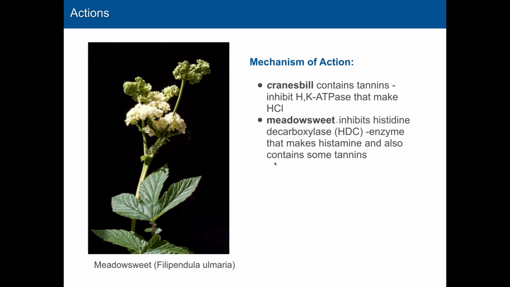Also, there's an enzyme called histidine decarboxylase, and histidine is the amino acid that gets converted to histamine. And histamine is one of the messengers, not just for allergies, but also for stomach acid production. And so by blocking the formation of histamine, you're preventing the formation of one of the messengers that stimulates acid production in the stomach.